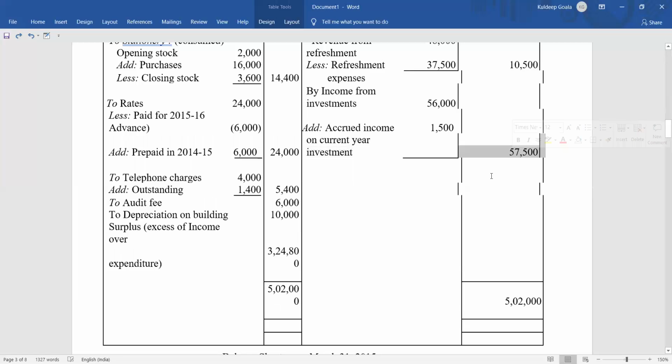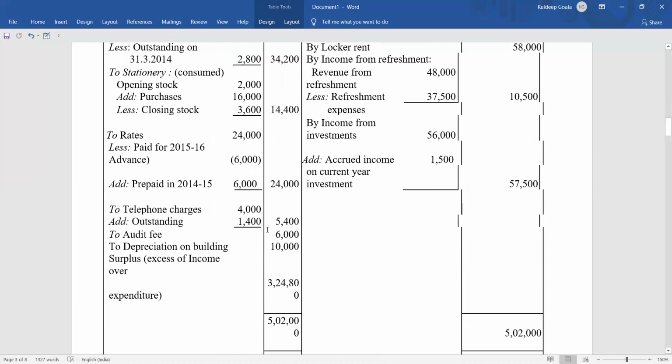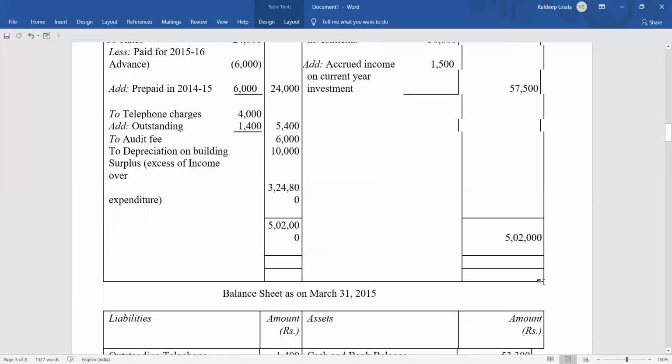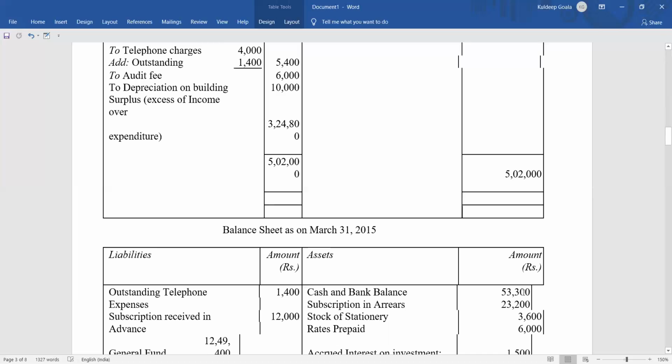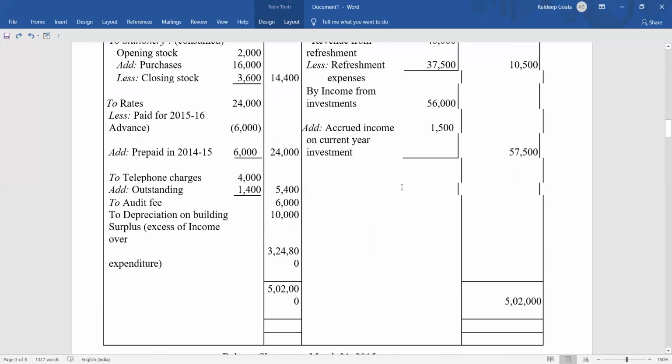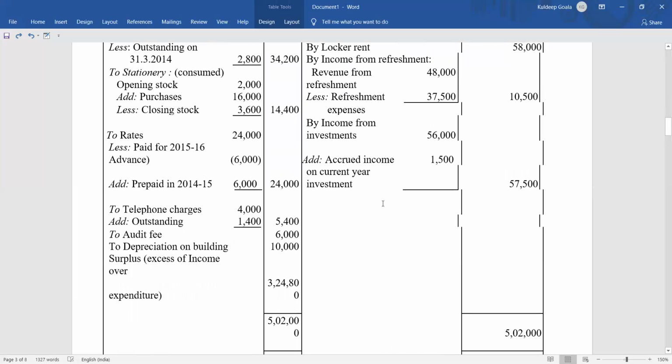Yes, this is the income from investment. Clear? Now, once it is clear, just a minute, there is some space problem, so I'm going to adjust a little bit. Okay, no problem, you'll be able to understand.